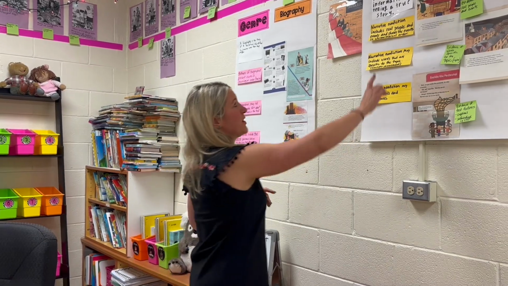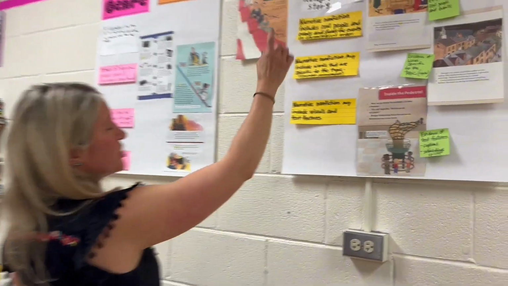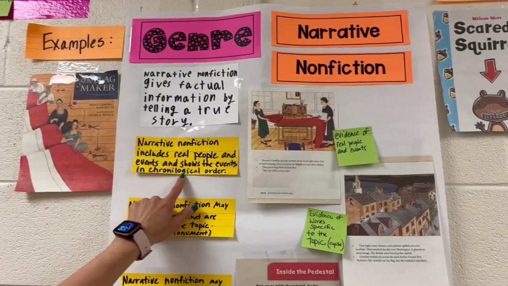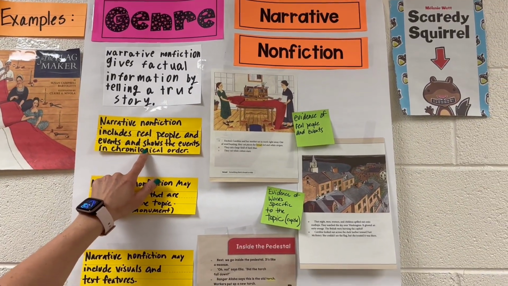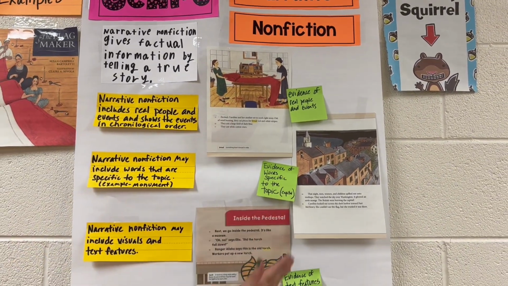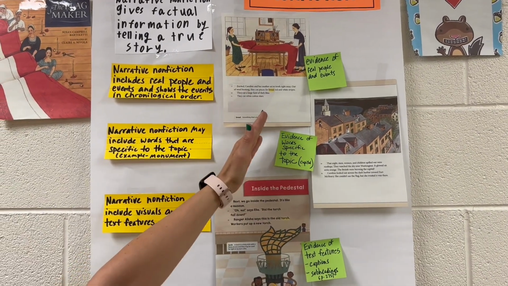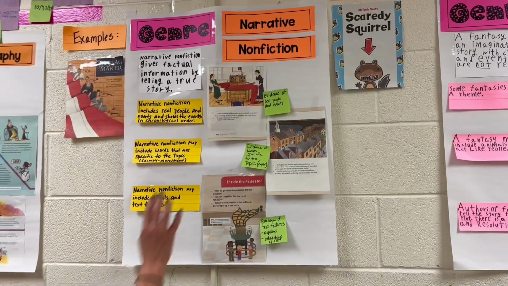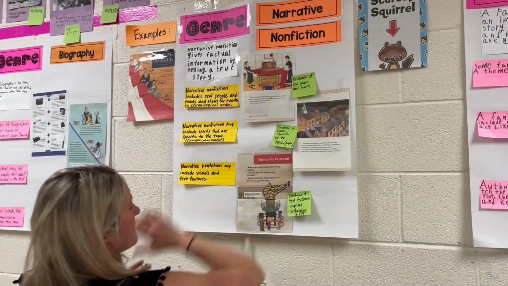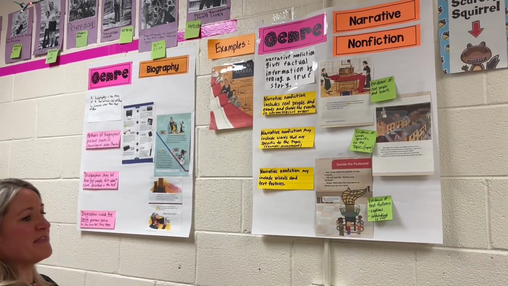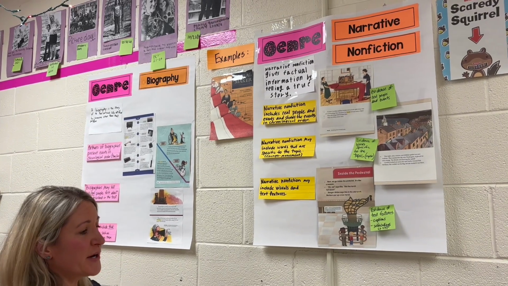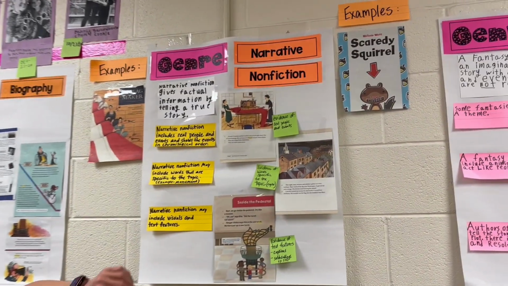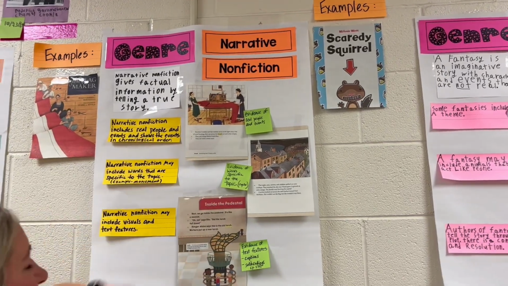For example, one day I will teach what the actual genre is and the definition of that genre. I will introduce one of the characteristics of that genre. Depending on the text that we are reading, I teach them what evidence looks like. So I explicitly teach that. I say this is, for example, evidence of real people and events, and then they go, as part of their independent work, to find a different example of evidence for the characteristic that I just taught for that day.